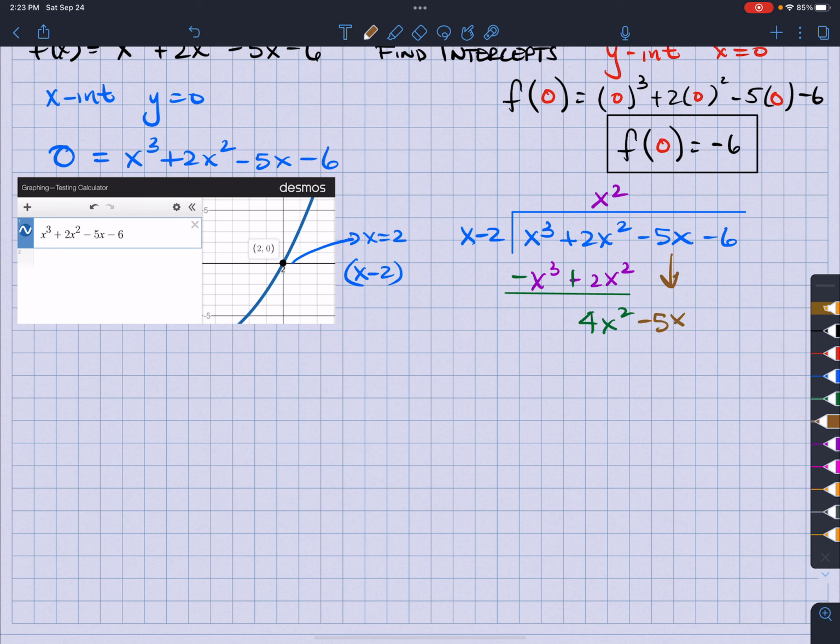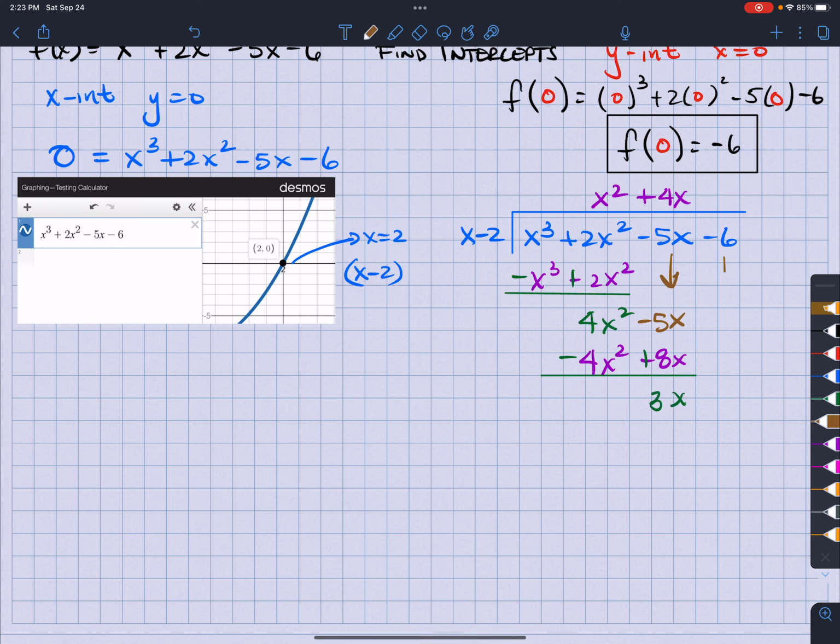minus 5x. How many times does x go into 4x squared? It's going to be a positive 4x times. Distribute, I get 4x squared minus 8x. Flip the signs and add. I get a 3x.